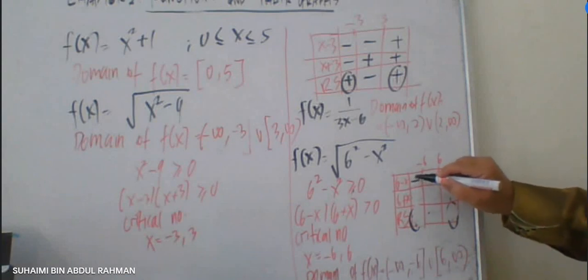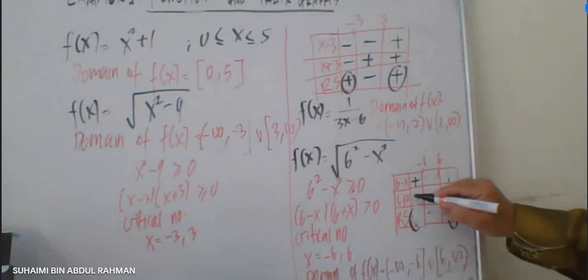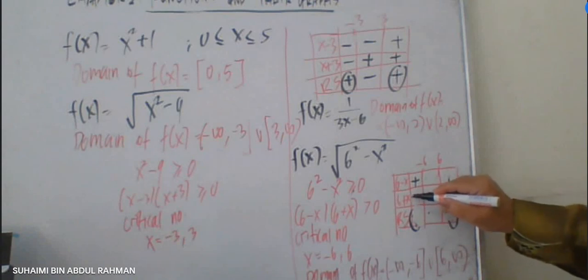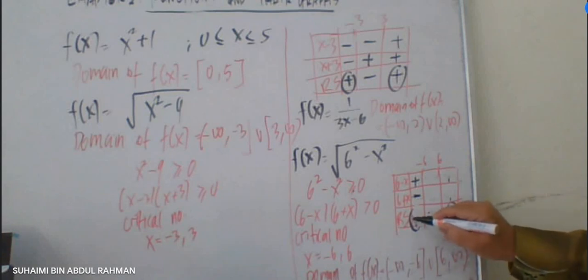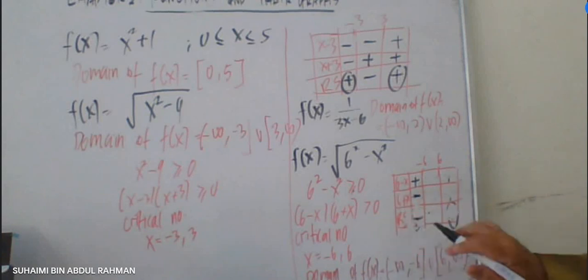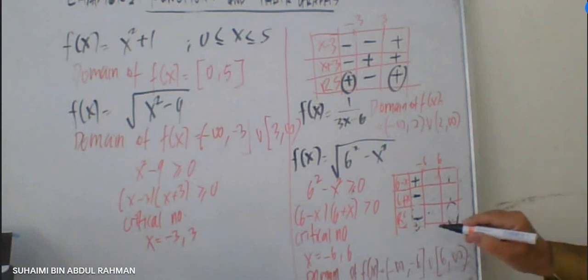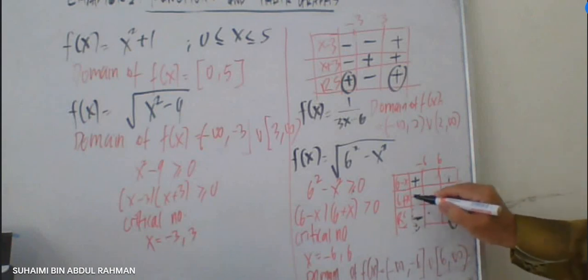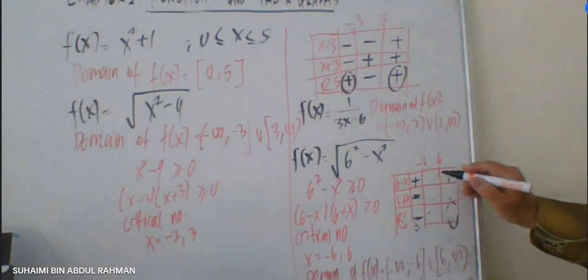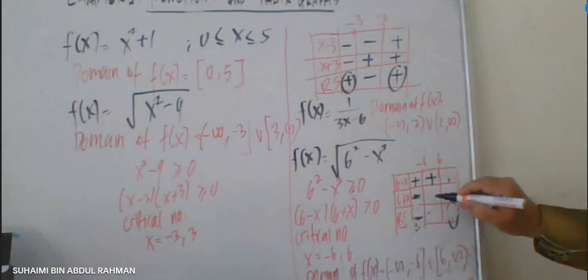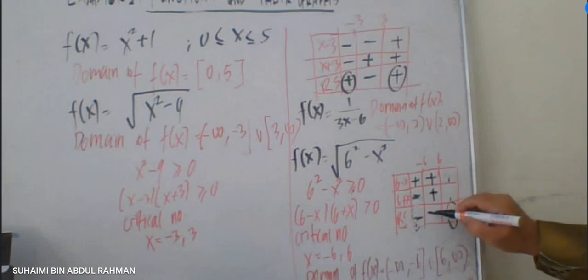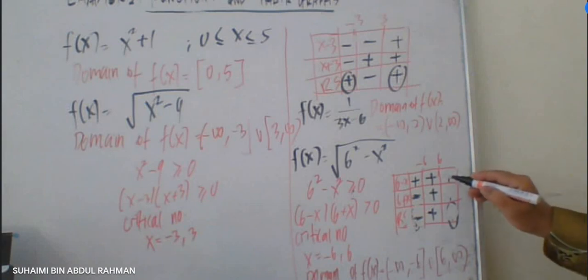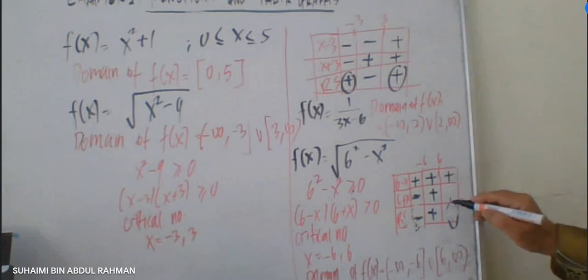So, negative here. See, when we put a wrong sign, it's going to be wrong. And this is negative here. This is positive. And positive there.